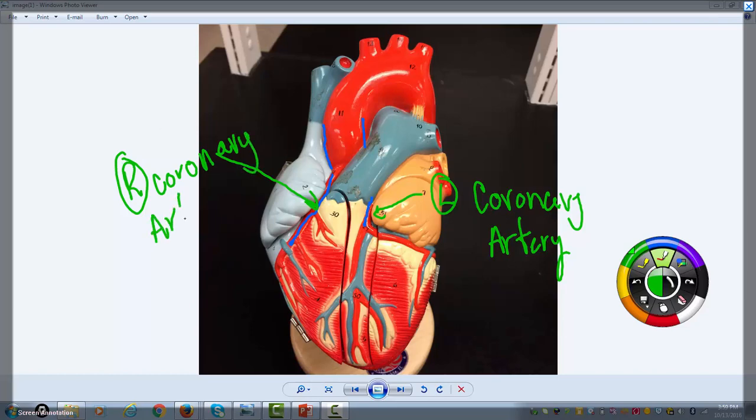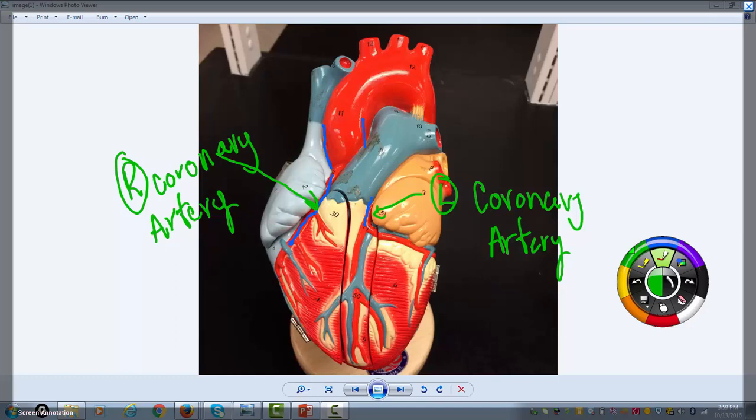They supply oxygenated blood to the heart muscle. So if one of those arteries gets blocked with cholesterol buildup and cuts off blood supply to a part of the myocardium, you can get a heart attack. You don't want that.